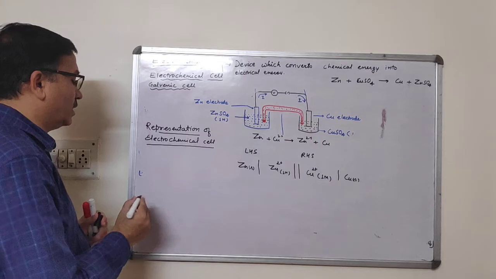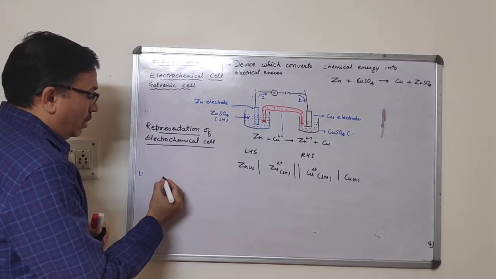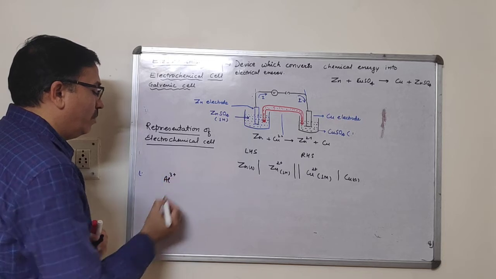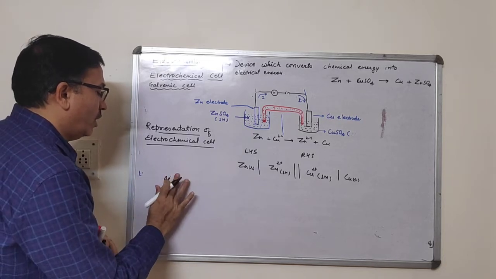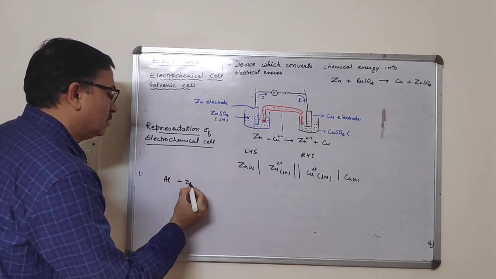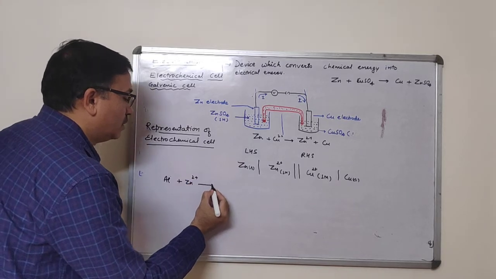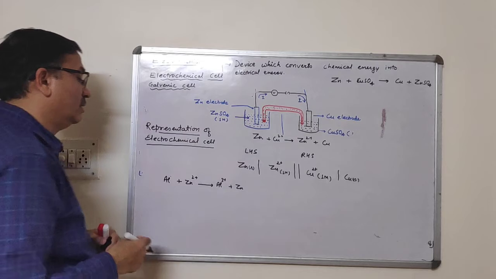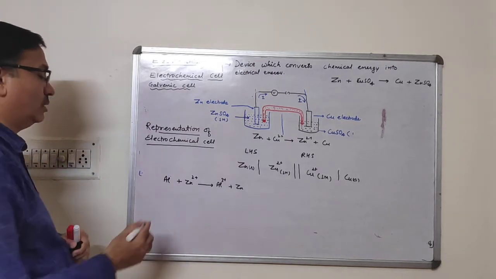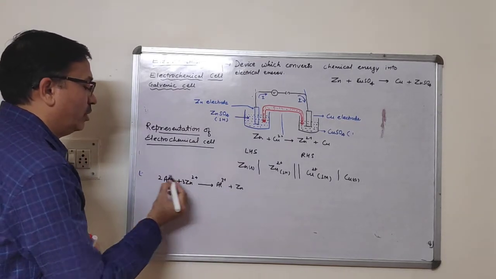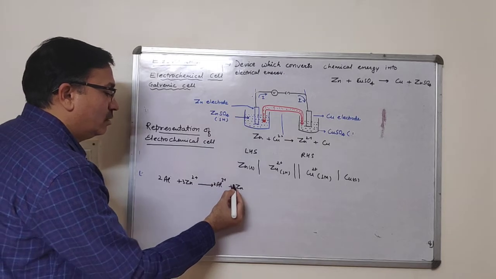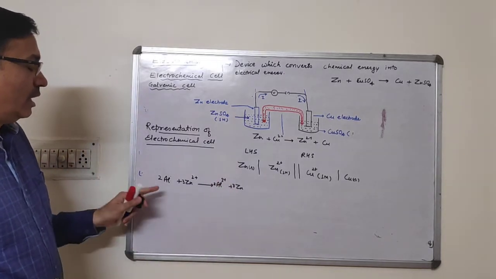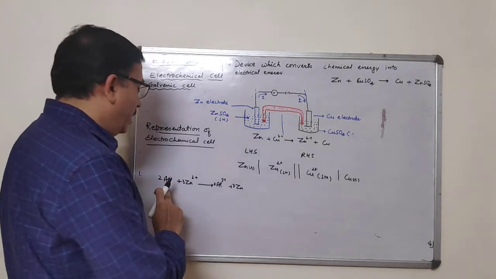Say I am taking one example: Al plus Zn2+ converts into Al3+ plus Zn. See, the equation is not balanced, so it should be multiplied by 2 and by 3. So our cell reaction is okay. Now, what is happening at the anode?